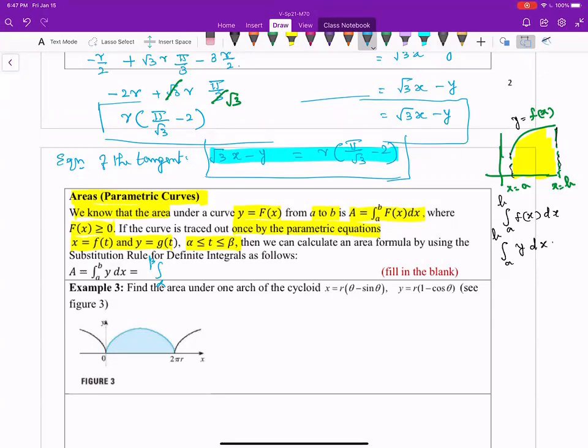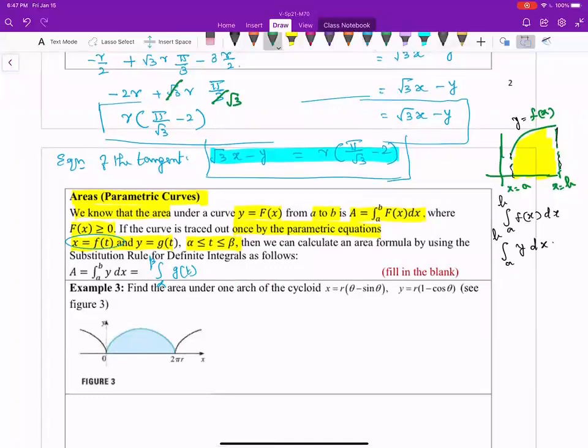Y is a function of t, equal to g of t, and x is f of t. When you take dx, it will be f prime of t dt. So it is the integral from alpha to beta of g of t times f prime of t dt.